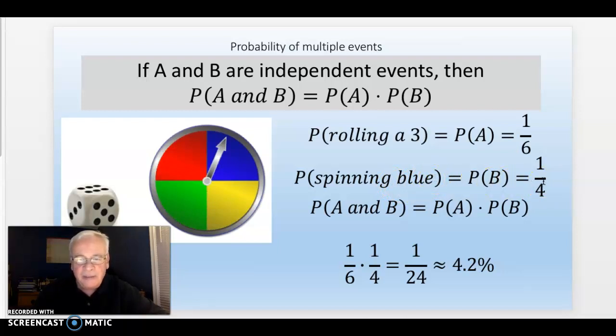So the probability of rolling a 3 and spinning blue on the spinner is 4.2%. It's 1/24th, okay? The probability that they both happen is less than the probability of either one of them happening, okay?